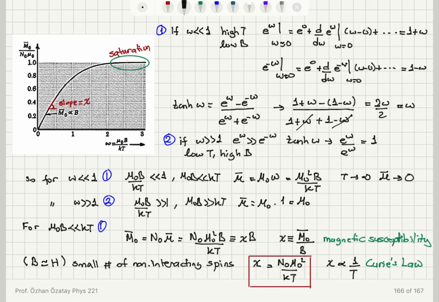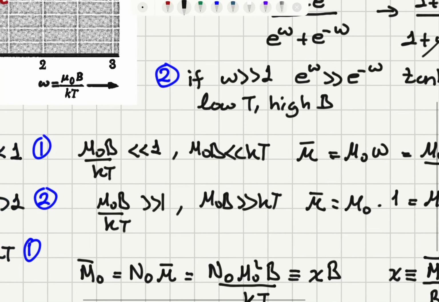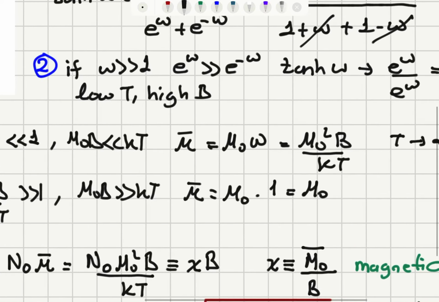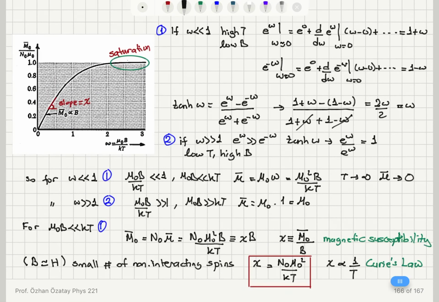So in these two limits, I find that mu bar should be, for the case omega much less than 1, mu 0 omega, mu 0 squared B over kT, and in the other limit, omega much greater than 1, low temperature, high magnetic field, mu bar becomes mu 0.